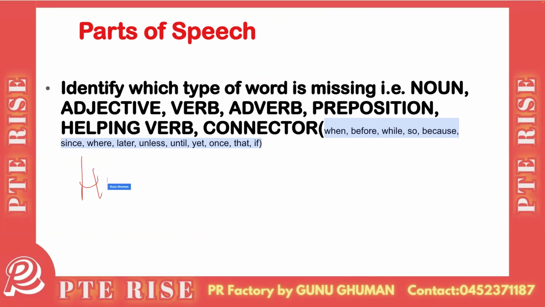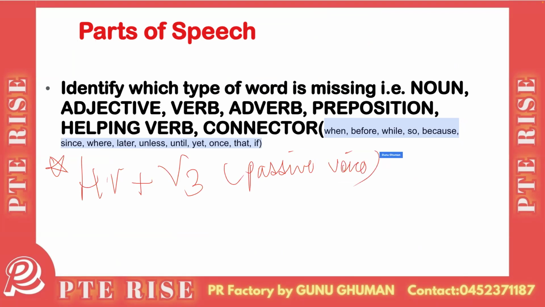Okay. Then moving on further, helping verb is clear. Helping verb goes with the three things. Write it down, very important. Number one, it goes with third form of verb, which I just taught you, right? The class is taught by me. Passive voice. If I say, I am teaching class. Teacher is teaching class.